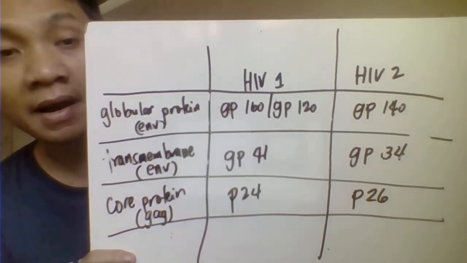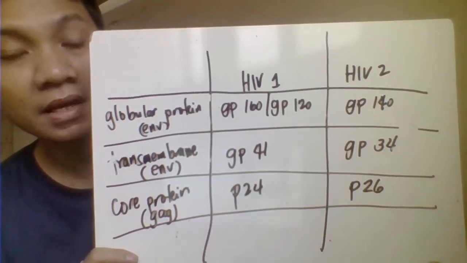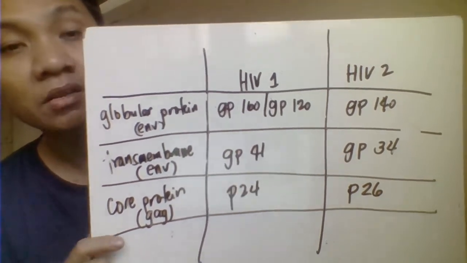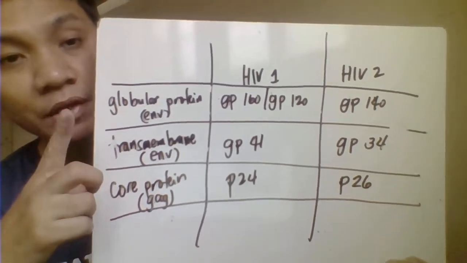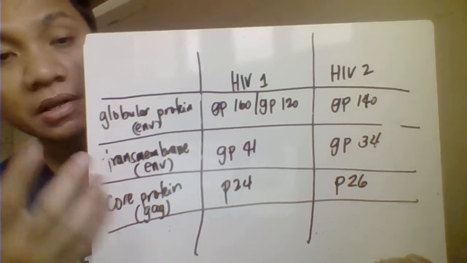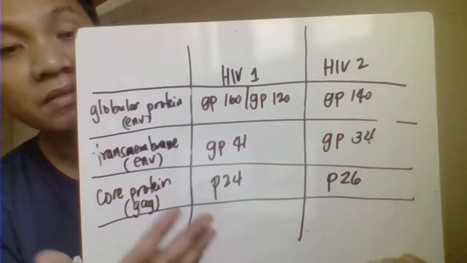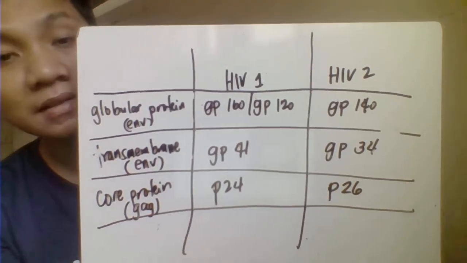So notice that the difference between HIV-1 and HIV-2 lies in their GAG gene and their envelope gene. Their Pol gene, the polymerase gene for their enzymes, is almost the same in terms of structure.